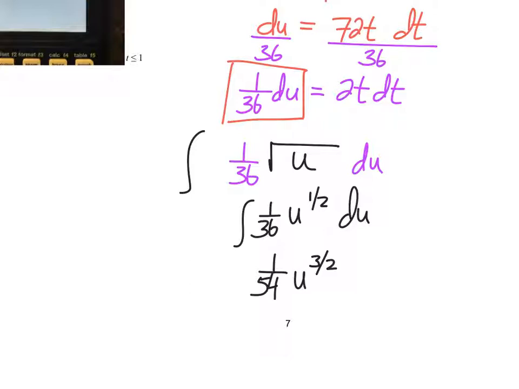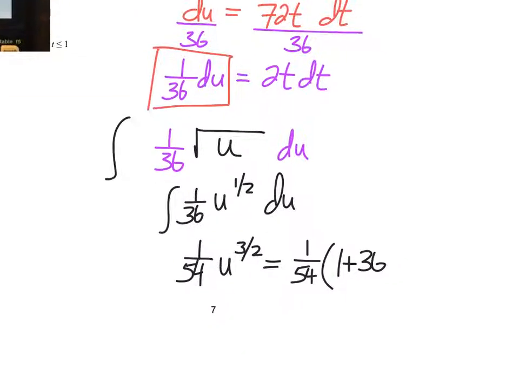And so that's the same as 1 over 54 times 1 plus 36 t squared to the 3/2, and then you would evaluate that over 0 to 1. Right.